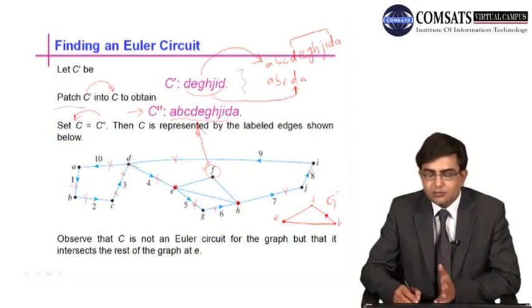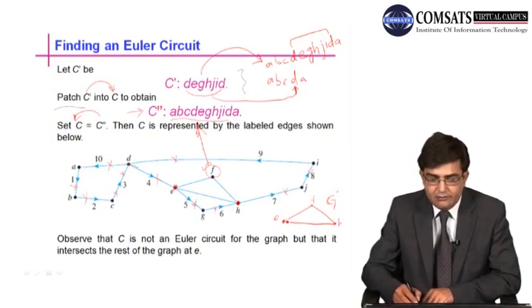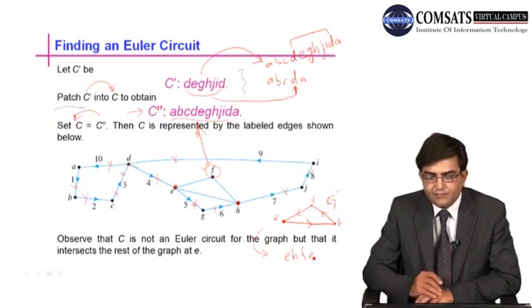We can pick any vertex, E or H; it's up to you. I choose E, and I construct a circuit from E to H, H to F, and F to E. So this is a circuit, E, H, F, E. This is another circuit, which we call C dash.